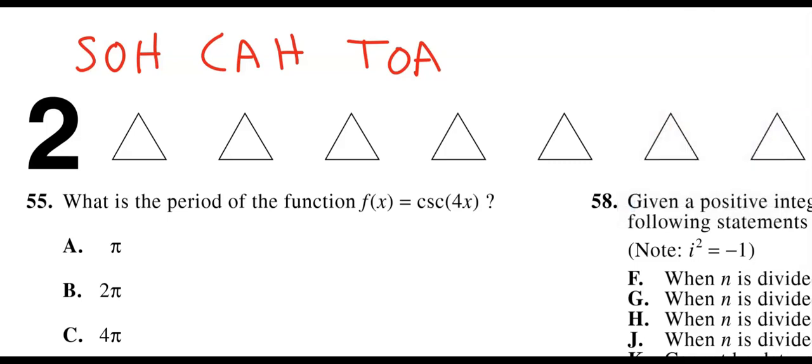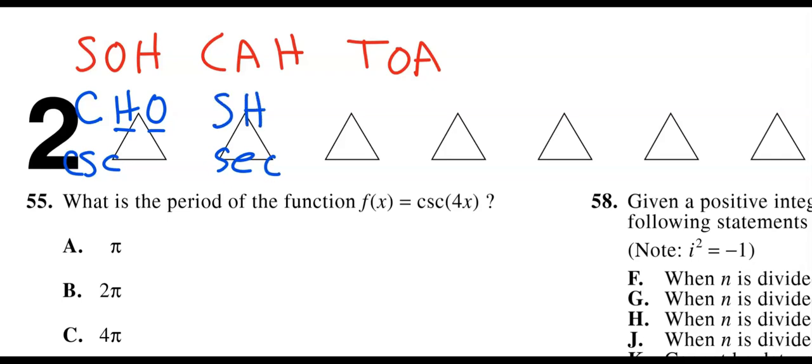I don't know if you are familiar with cosecant, which is the reciprocal, and we usually abbreviate it CSC. If it's the reciprocal, then it flips the hypotenuse and the opposite. Then there's the secant, which is the reciprocal of the cosine, and reciprocal would flip the hypotenuse and the adjacent.